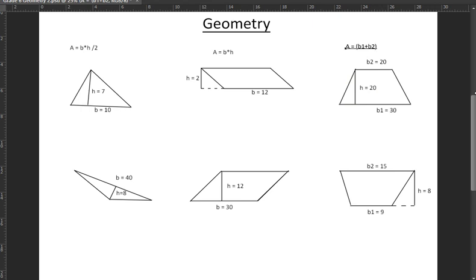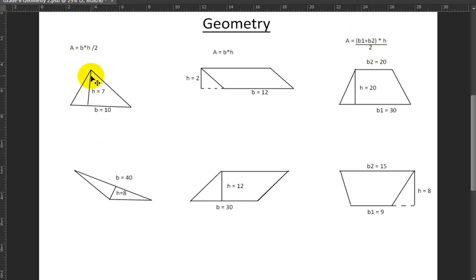And this multiplied by the height and divided by 2. And just like yesterday, we are going to write that a little better. We are going to make the fraction line here. Then we're going to put the 2 here. Like so.